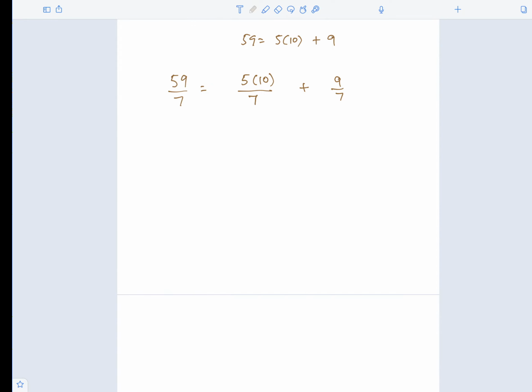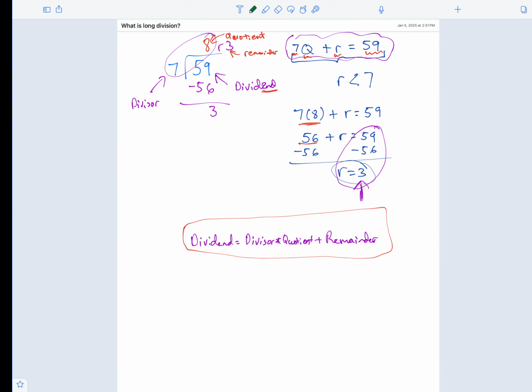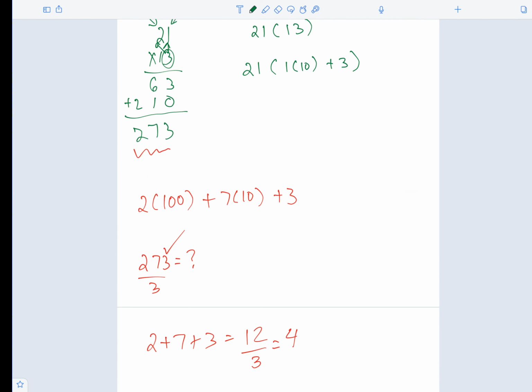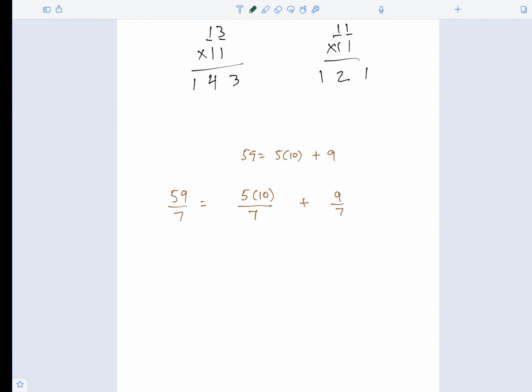Now the question again here is, what did we do at the very beginning? In the very beginning, we asked the question of how many times does 7 go into 5? And we try to do that here, and that's not going to work because 7 doesn't go into 5.